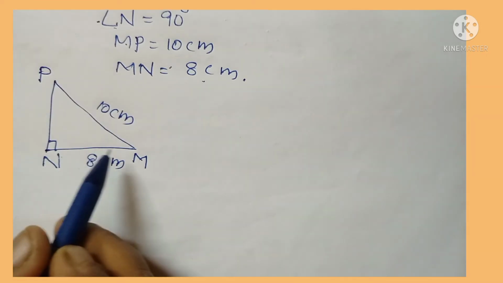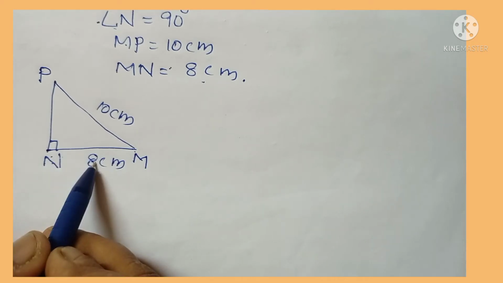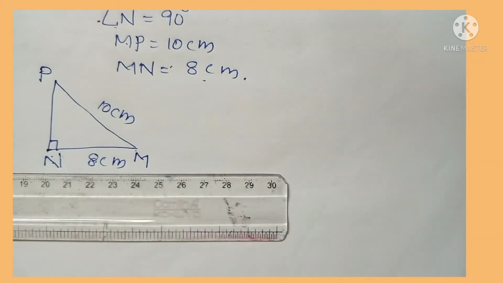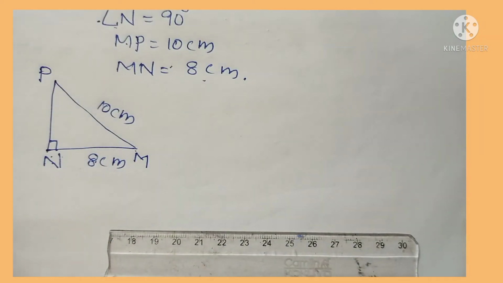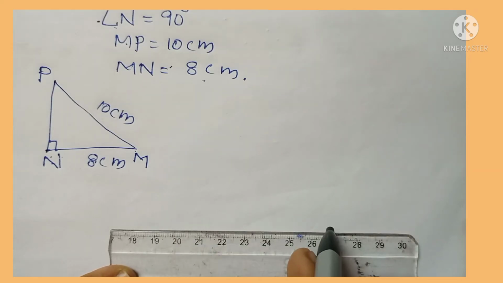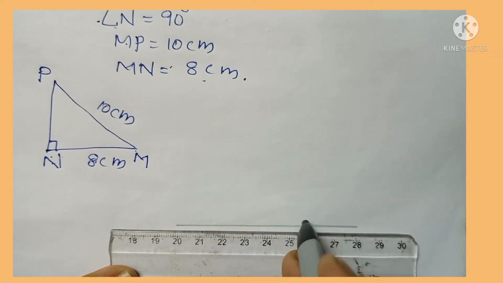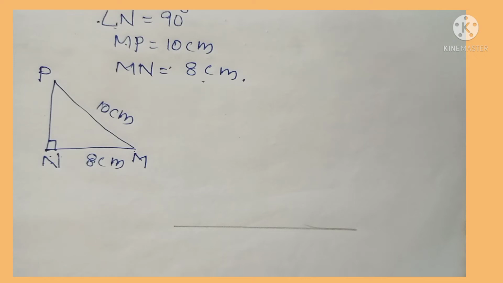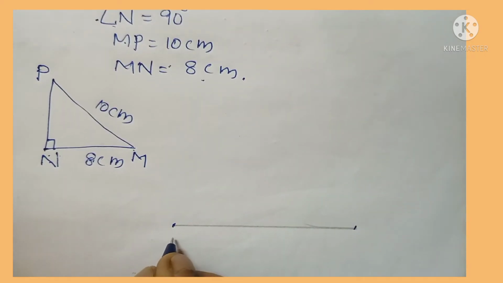For that, first we want to draw a line segment MN with measure 8 centimeter. So let us draw 8 centimeter. So here we can draw the line segment MN.